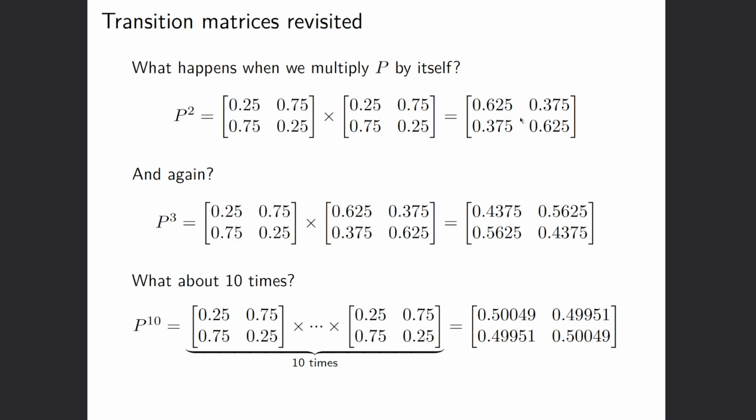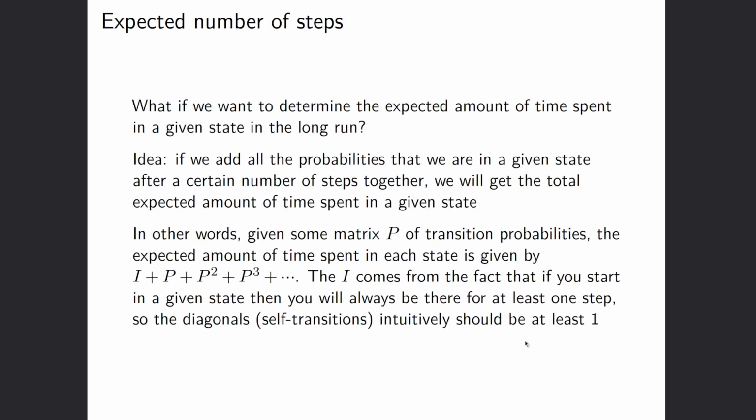That should kind of make sense. It's like, okay, here's a 25% chance that we end up here, maybe a 62.5% chance that we end up here after however many steps, and so on. If we look at where you are likely to be and sum that over every time interval, then it's how much time you're spending there. I'm not sure how much sense that makes, but it's the intuition behind this.